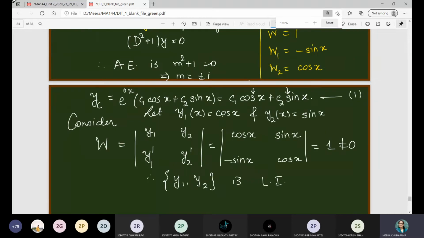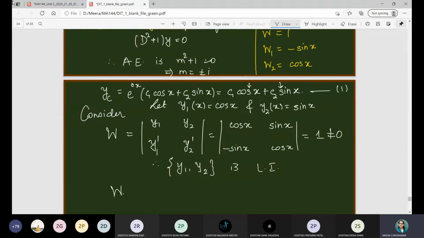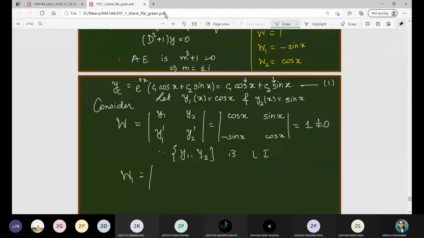Now let us consider W1. What will W1 be? Cos x sin x minus sin x cos x. Very good. Are you saying W1 or W? Okay, W1: 0 sin x, 1 cos x. Yes, means first column, W1 we are considering with respect to suffix.